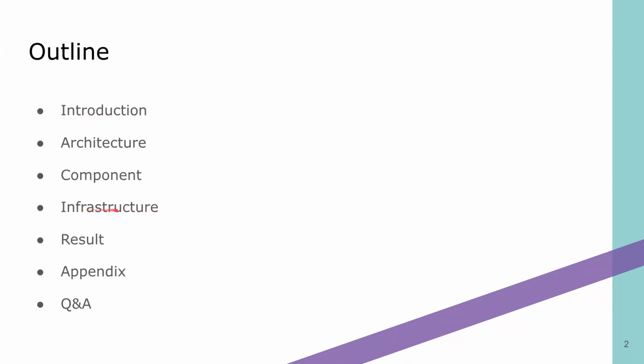And I will show the infrastructure: how does OSC run these components? And I will show the results when we deploy this RIC platform on our servers. Then I will show the appendix about the commands, and at the end is the Q&A.